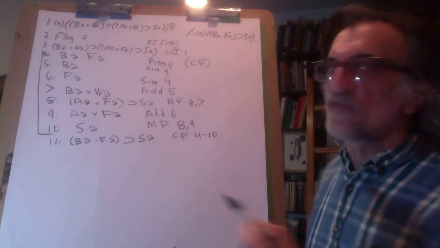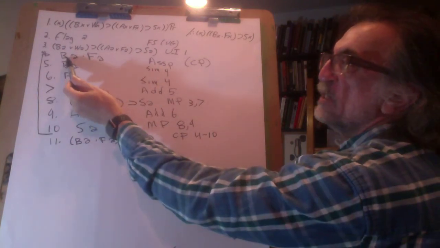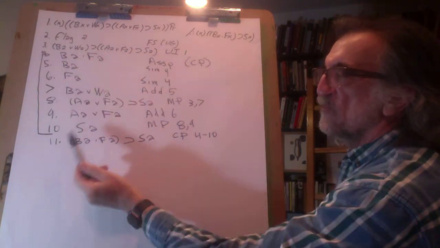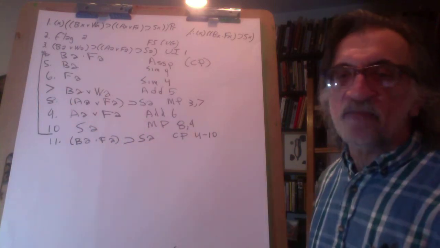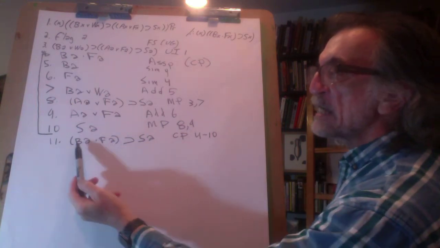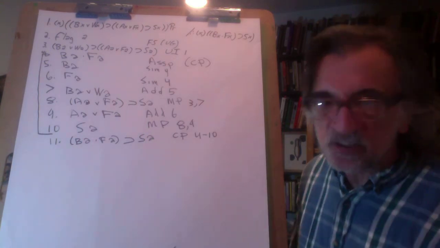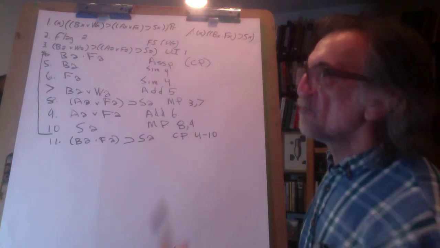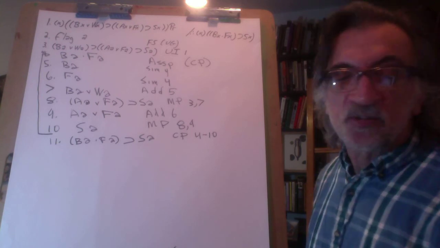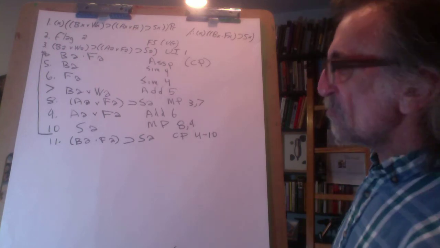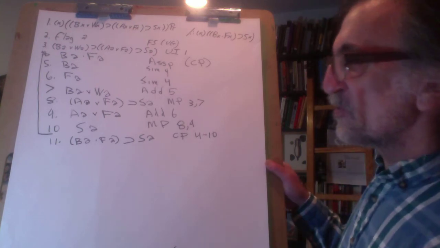On the basis of 4 to 10. Why? We assumed BA and FA in line 4. We derived SA by line 10. And so we can conclude if BA and FA, then SA. That's the conditional proof, the subproof really, that took us from line 4 to line 10.